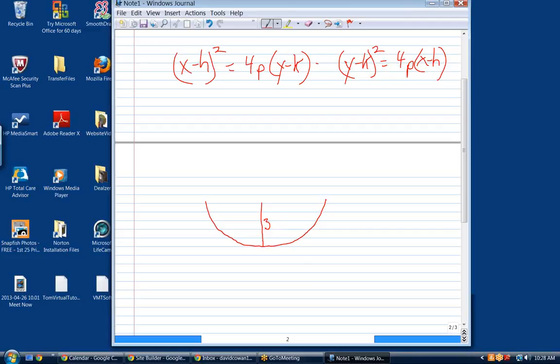Do they show you a picture on this at all? No. Okay. I've oriented this wrong. Let me orient it properly. And in fact, let me put a coordinate system in this thing.